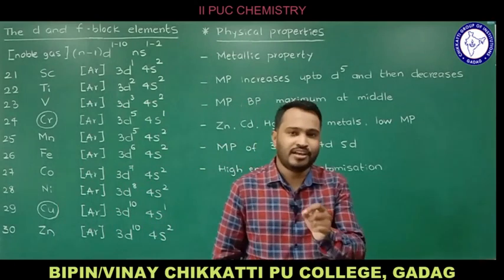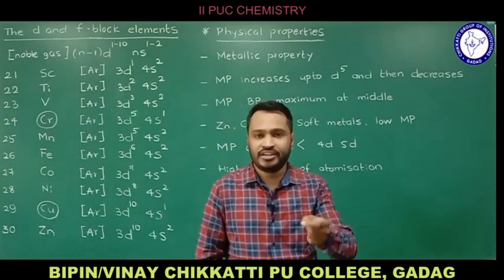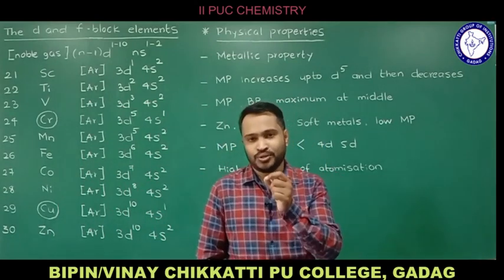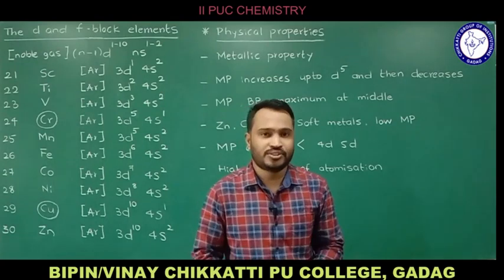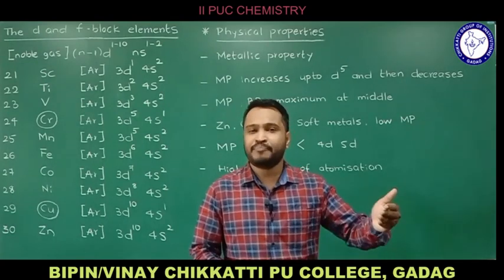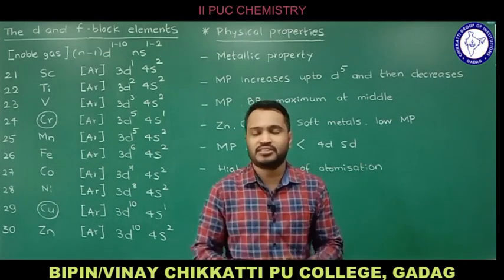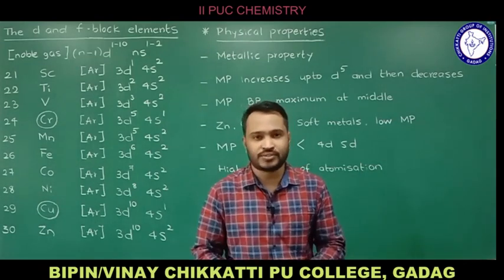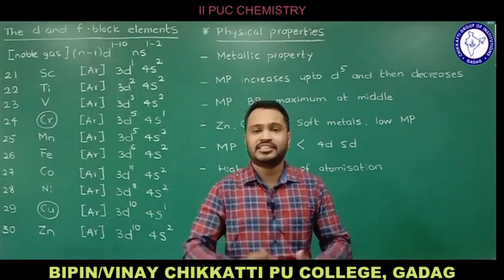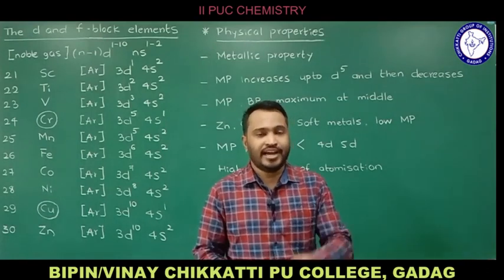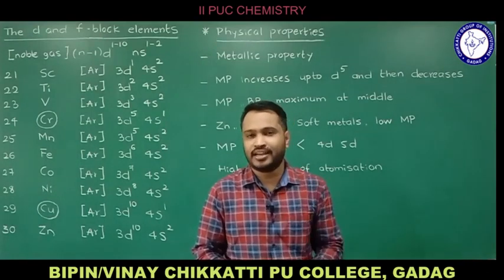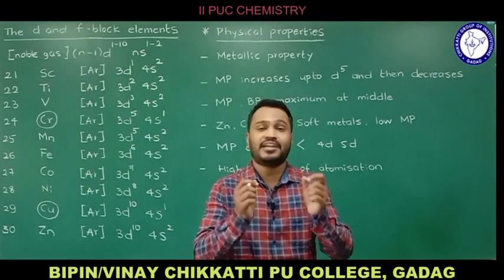We'll see how the melting point is related to d block elements. Try to know, the melting point of an element depends on the kind of force present between the constituent particles. As we know, the transition elements are metals, so the kind of force between the constituent particles is metallic bonding.